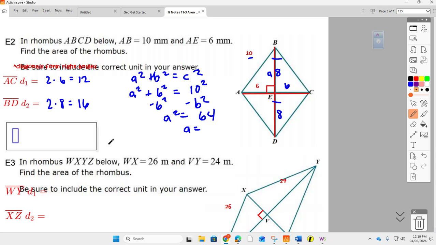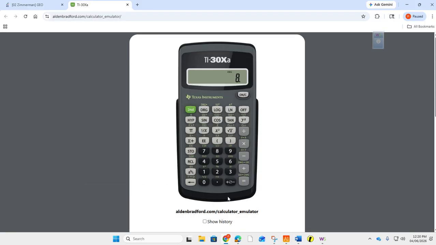So we're going to plug into our formula now. The area equals 1/2 times 12 times 16. These are millimeters, so we know our answer is going to be millimeters squared. So we can use our calculator, use the ABC button again.